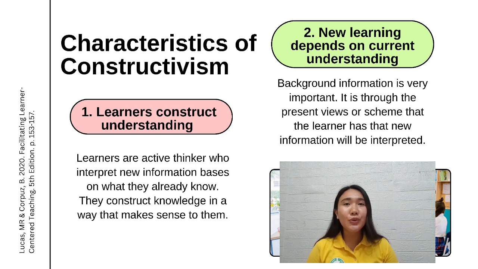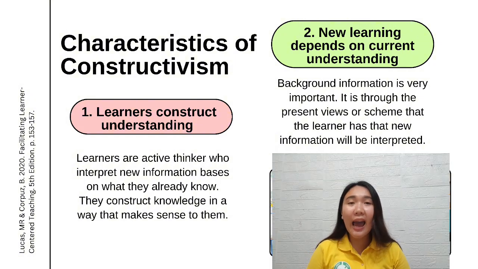Next, we have new learning depends on current understanding. So, background information is very important. It is through the present views or schemes that the learner has that new information will be interpreted. So, this statement highlights the importance of prior knowledge in learning.